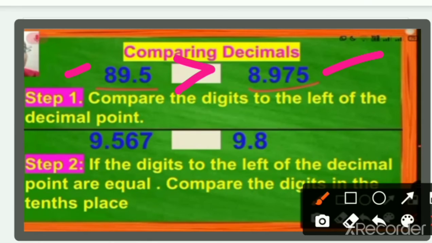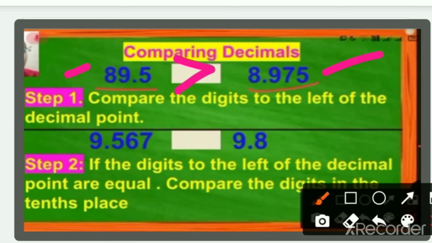For the rest of the numbers, you have to check the decimal point and compare the digits to the left of the decimal point, and the digits after the decimal point too, and the numbers in front of the decimal point.